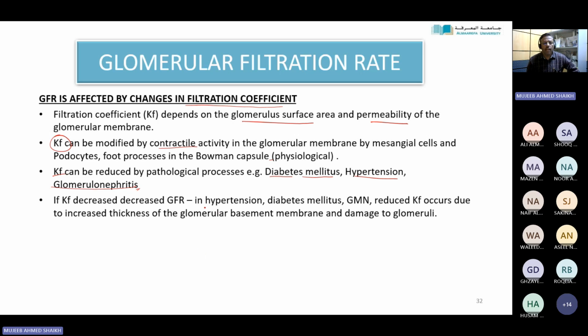So long-standing hypertension, many years of diabetes mellitus, or glomerulonephritis will lead to loss or decrease in the filtration coefficient, which will lead to decrease in the GFR, or to an increase in the thickness of the membrane.